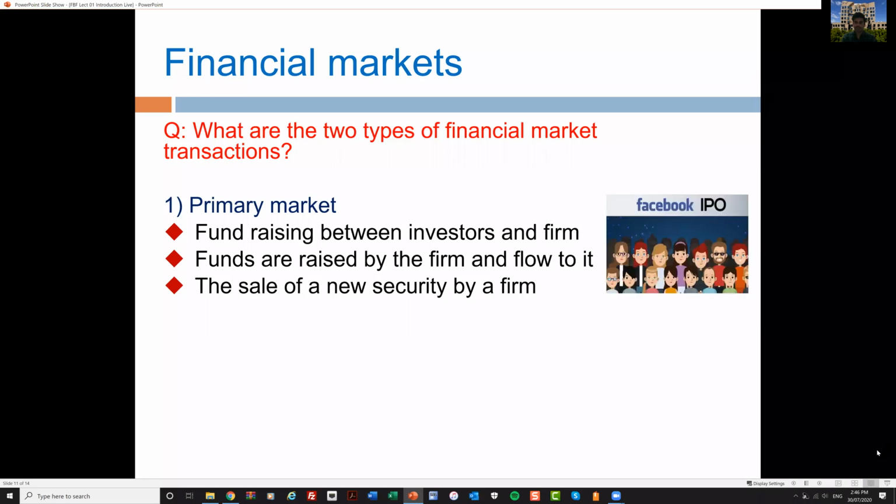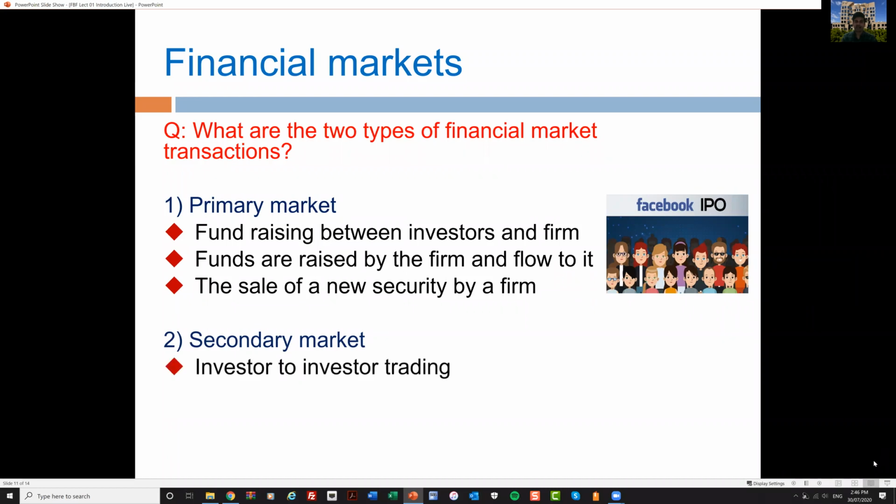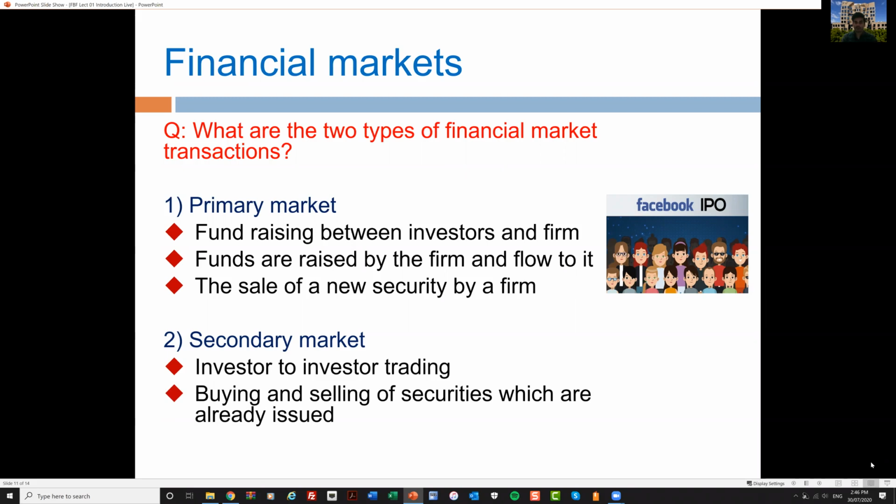And just quickly, secondary market transactions are investor to investor transactions. For example, it could be you and me buying and selling shares between one another, transacting money between one another.